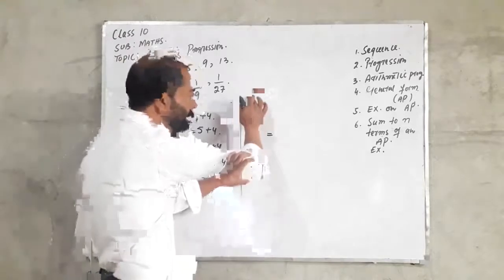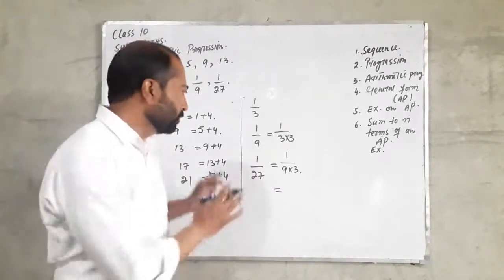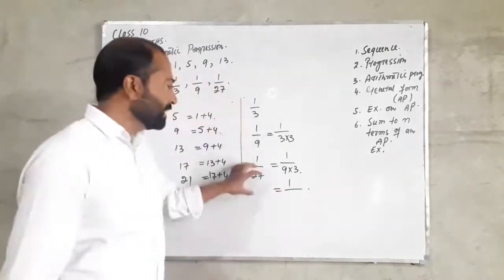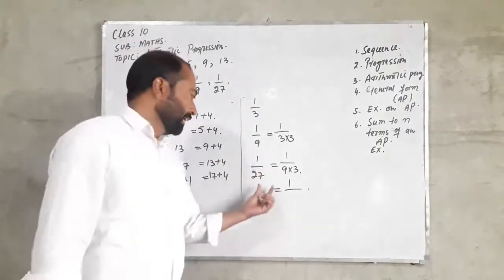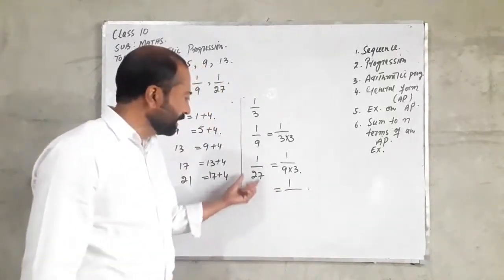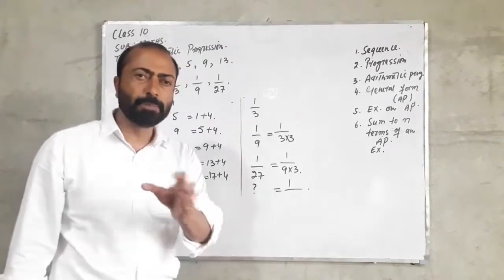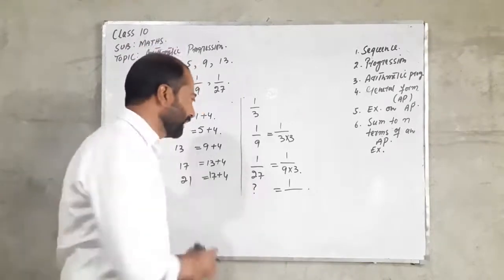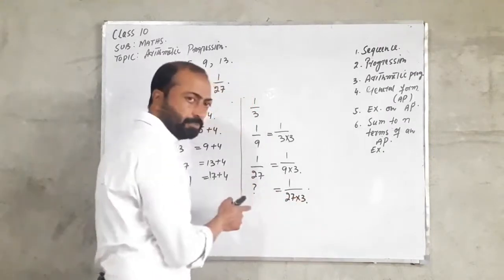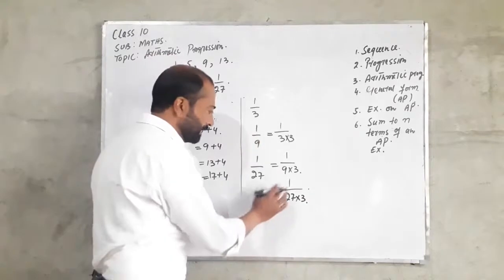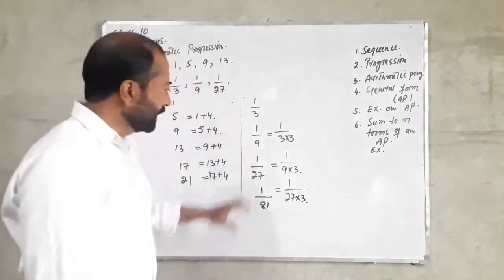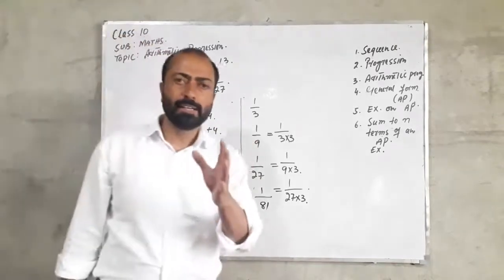The next term of this 1 by 27, you have to keep one thing in mind. We are dividing the preceding term by 3. The next term will be formed from the preceding term, that is 1 by 27. Simply you have to divide this 1 by 27 by 3 to get the next term in this group of numbers. That is 27 into 3 is 81. That means again these numbers are following a definite pattern.